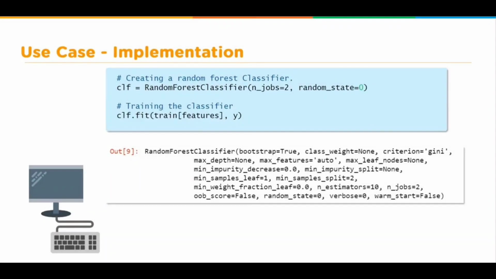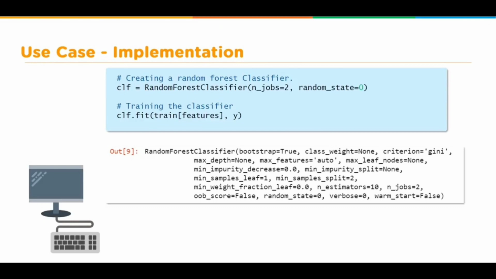Creating a random forest classifier. clf = RandomForestClassifier(n_jobs=2, random_state=0). Training the classifier. clf.fit(train[features], y).